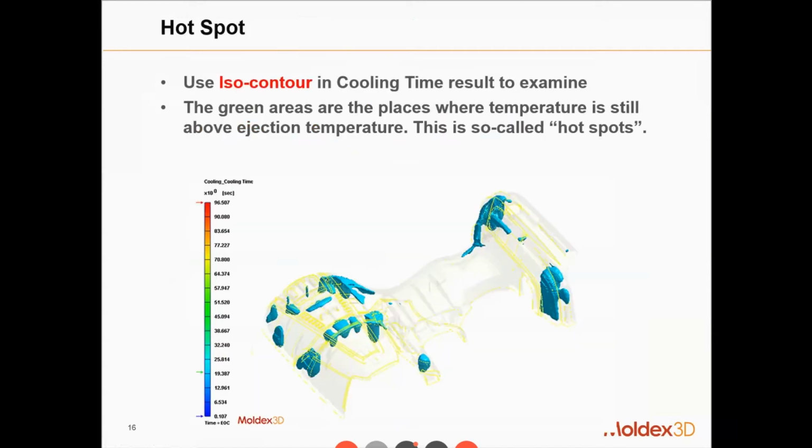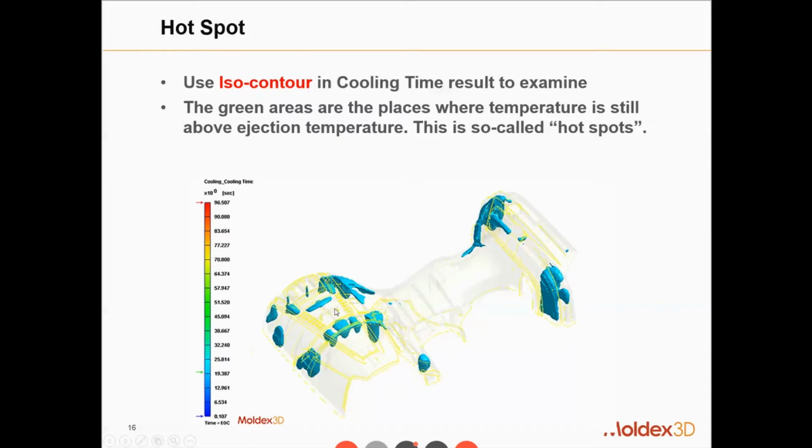Okay, the other one is hotspot investigation. Now, what we call a hotspot is the area that has a temperature above the ejection temperature at a certain time step of cooling. Well, whether it's the time step that you set or the end of cooling. Okay, let's take the end of cooling as an example and click on the cooling time result.